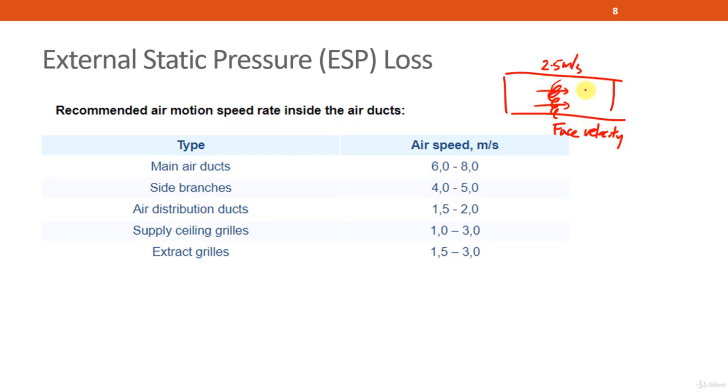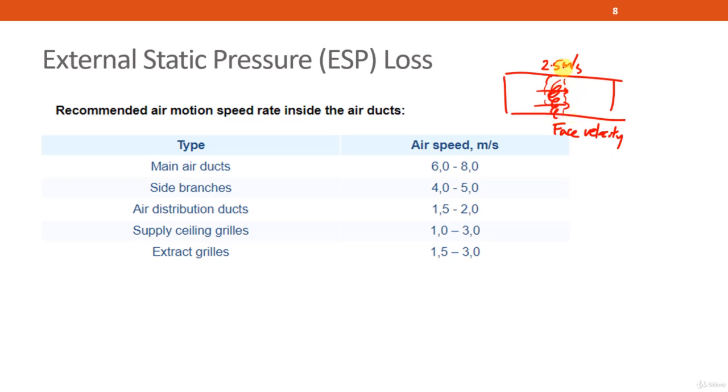Alright, and why is that? So why do they want to limit it to 2.5 and not 6 or 8 or 10 meter per second? Because if the airflow is too high, and as we know, in the cooling coil there's condensation formed on the surface of the cooling coil.